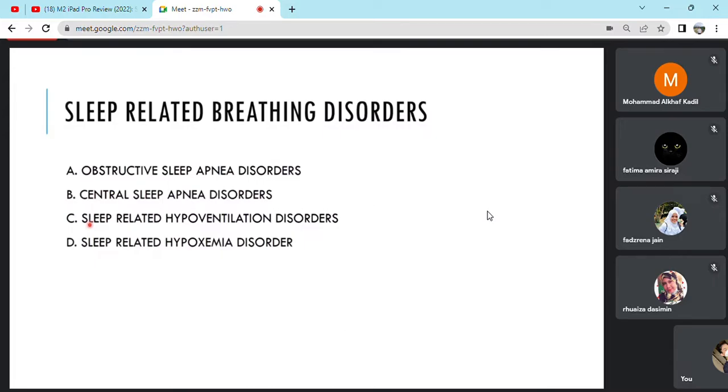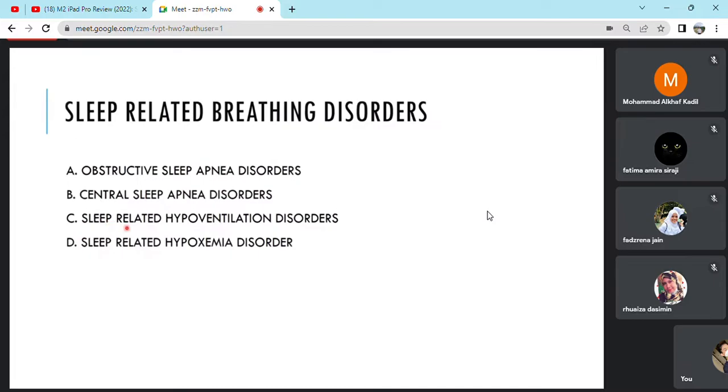Another breathing disorder classified under sleep-related breathing disorder is the sleep-related hypoventilation disorders. What is a common disorder classified under this one? One is actually OHS. I hope you have heard of that. And that is what you call obesity hypoventilation syndrome.